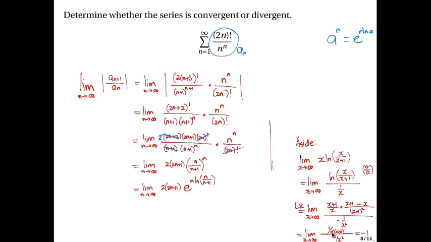Just rewrite this guy here. Okay? Mapupunta ito sa numerator. So you will have x squared over x times x plus 1. Pero polynomial over polynomial lang yun. Tama? So we just take the leading coefficient. Okay?